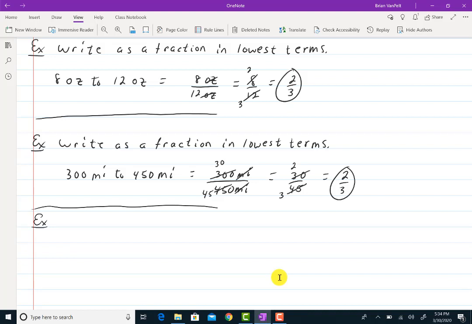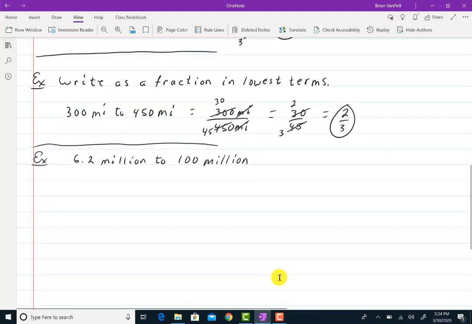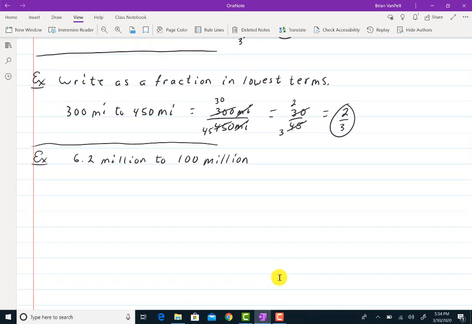Another example. Suppose I have 6.2 million to 100 million. Same deal. I want to write it as a fraction in lowest form.